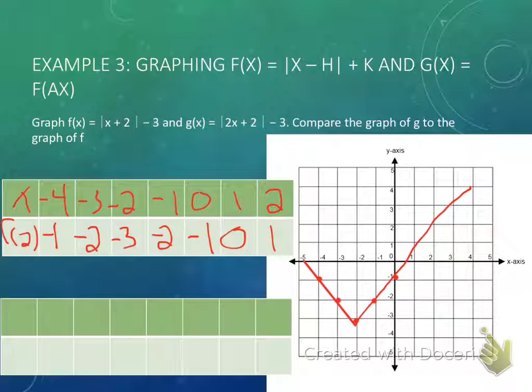So now, instead of it being at 0, 0, you notice that it was at -2, -3, because we could see that right here. Remember, this was x minus h, k, so we'd end up with -2, -3.